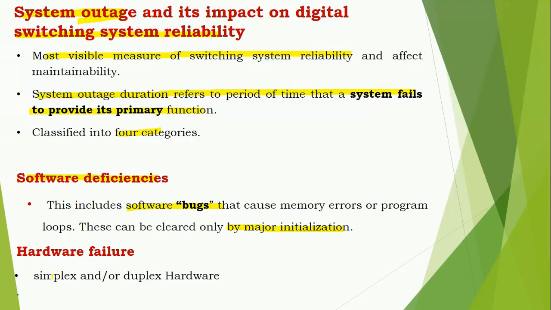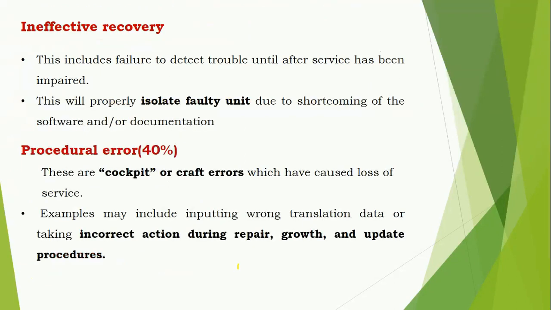Then hardware error. Whenever you have communication in one line or two-way communication, hardware error can occur. To remove a hardware error, replace that equipment with newer equipment. Then ineffective recovery. This includes failure. Whenever ineffective recovery occurs, the system will be under isolation.